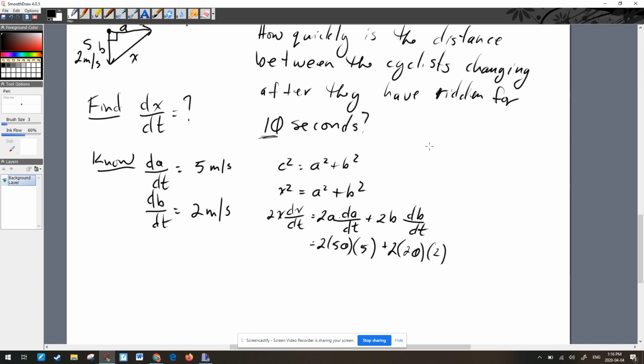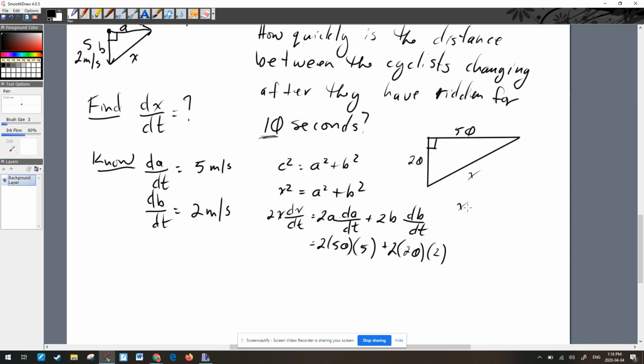I should have chosen 4 and 3 for the speeds to make this easier, but we can figure out what x is. x is the hypotenuse of the triangle at that particular time. This side is 50, this side is 20, and this is x.